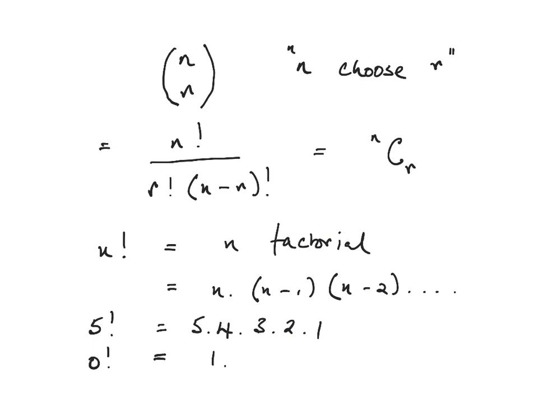Now this comes from a section of mathematics called combinatorics. I'm not going to go into that just now. We may go into it later in just a wee bit of detail, but it's sufficient to know that this formula gives us the binomial coefficients, the ones that appear in Pascal's triangle.